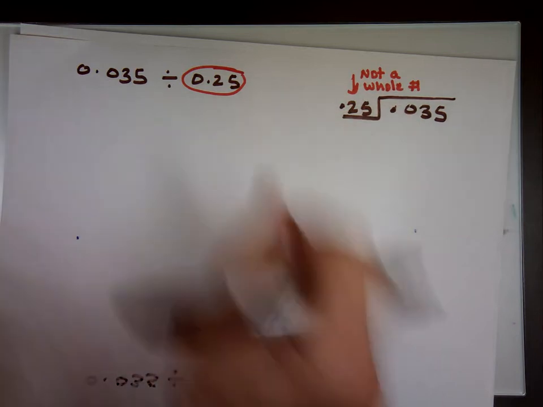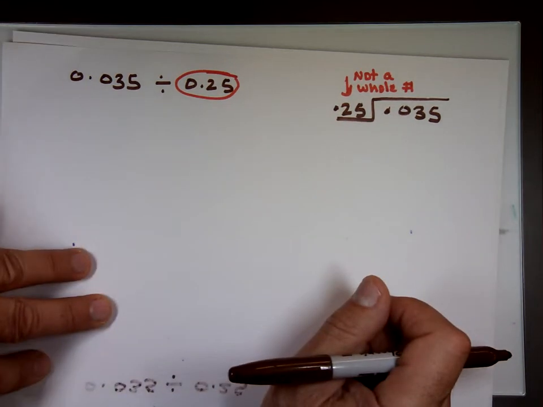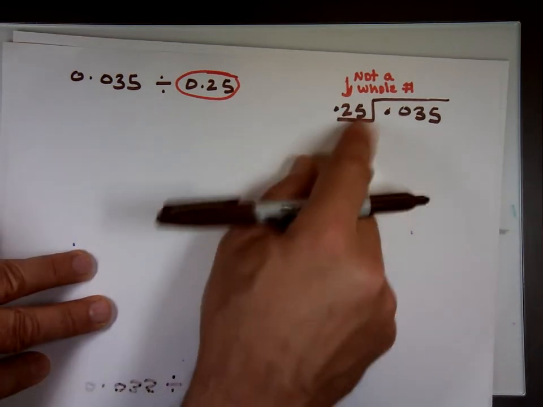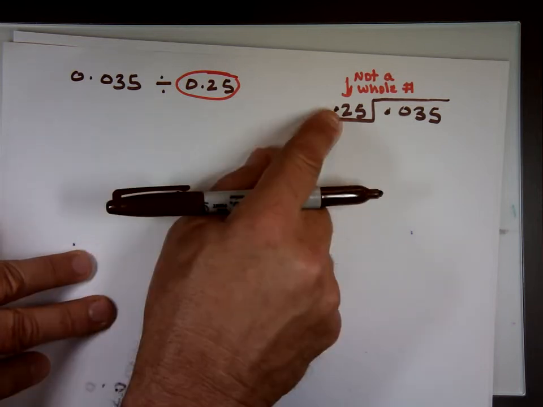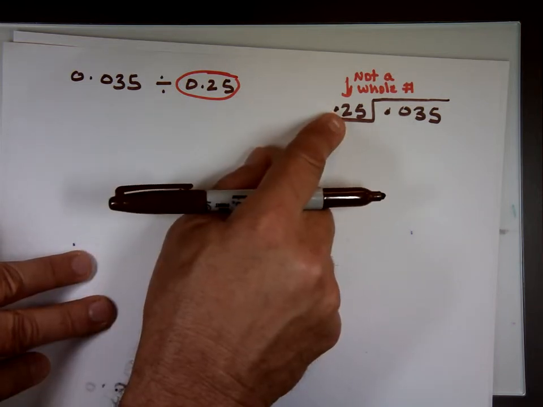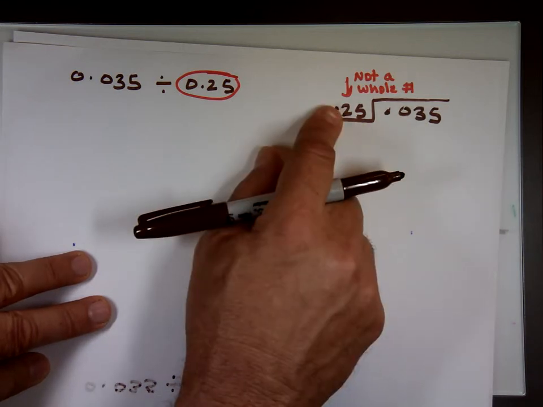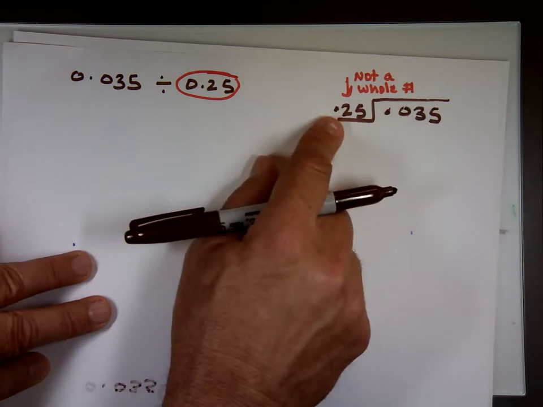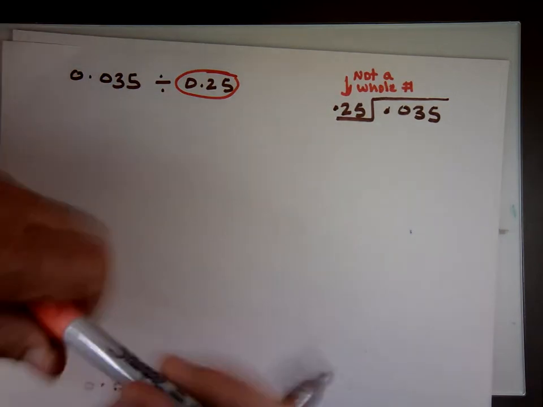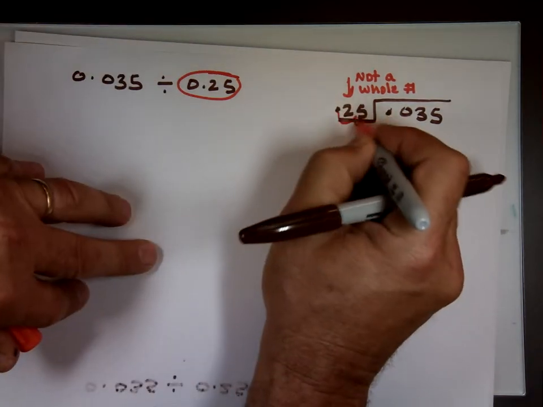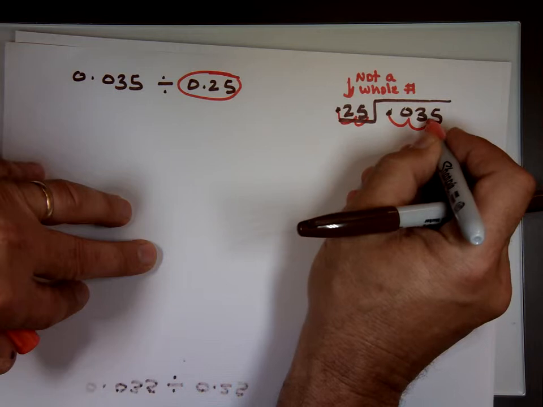So how do we make it a whole number? Move the decimal point how many places? This one. Okay, that's to make it a whole number. 3 to make this one a whole number, but I don't care about that one. That's the one I care about. So how many places? 2 to the right, right? If I go 2 places to the right, I got to move this 2 places to the right.